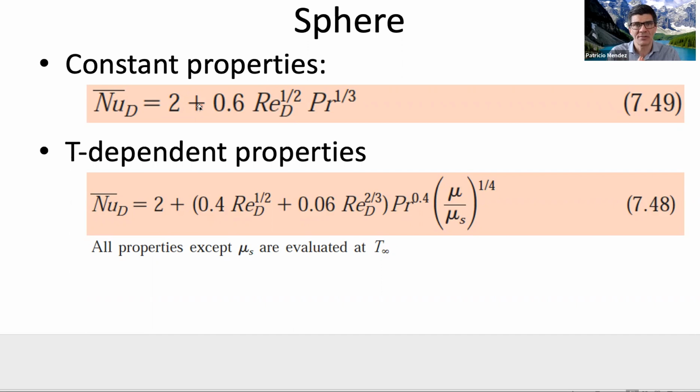You know what is cool? Remember when we saw these shape factors and these dimensionless heat transfer coefficients? This number 2 is the exact result for a sphere in conduction. So this formula is cool.